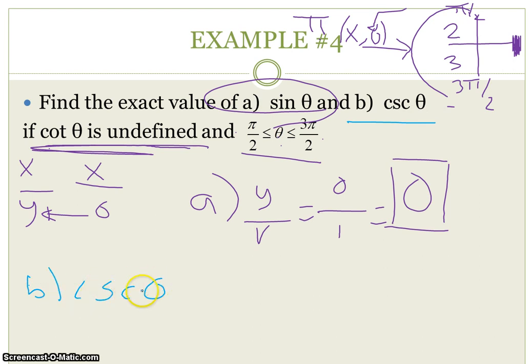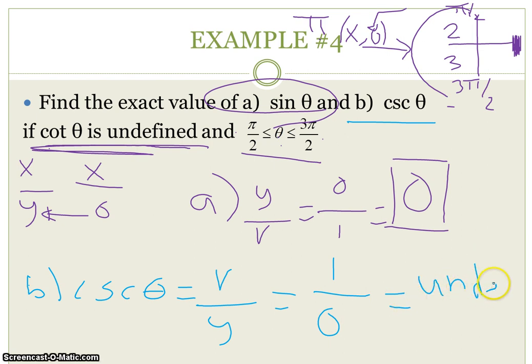Remember, cosecant is the reciprocal of sine. It's also known as r over y. My r was 1 because it's the unit circle, and my y value is 0. We can't divide by 0, so I know it's undefined. So I'm going to write the answer is undefined.